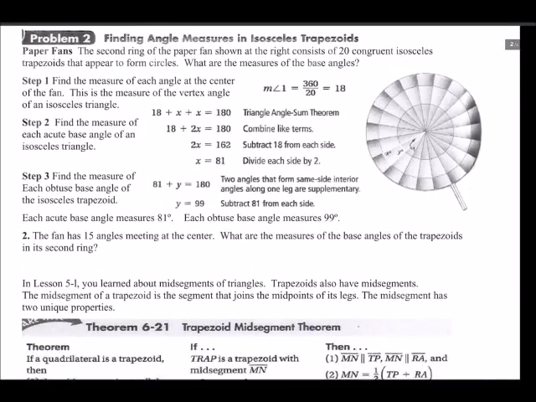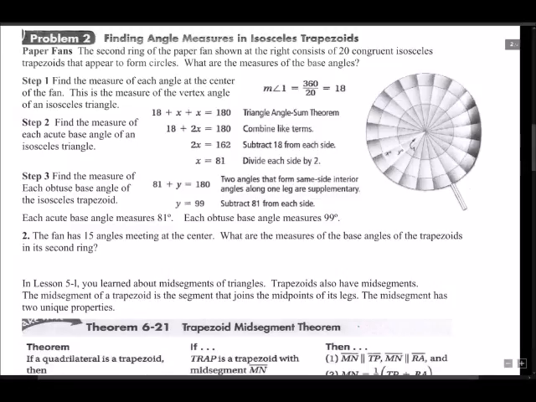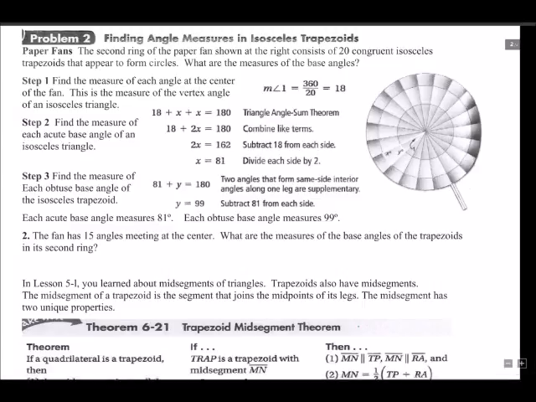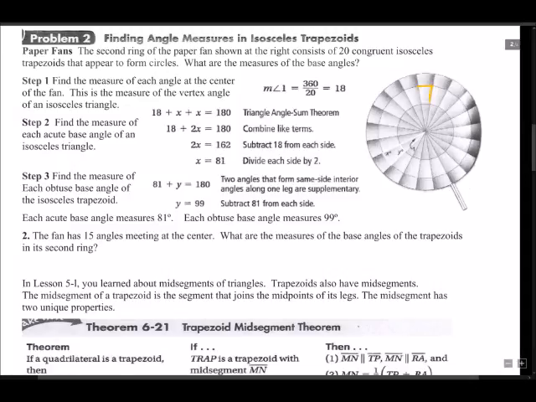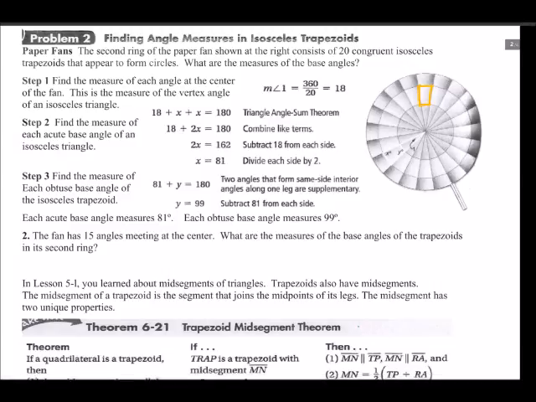Finding angle measures in isosceles trapezoids. We are given a paper fan, and the second ring of the paper fan consists of 20 congruent isosceles trapezoids. So we are looking at this isosceles trapezoid here, and there are 20 of them. And we want to know the measures of the base angles.